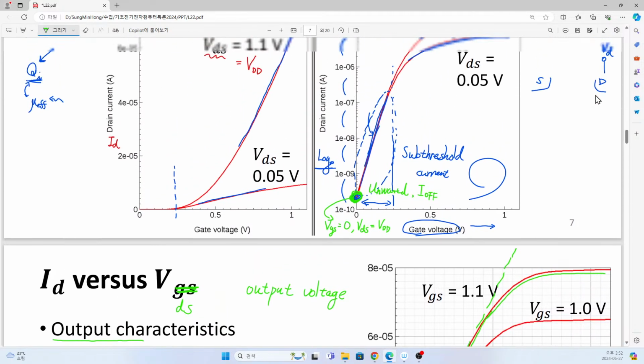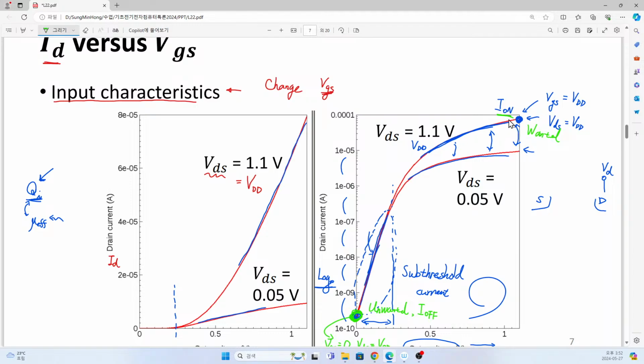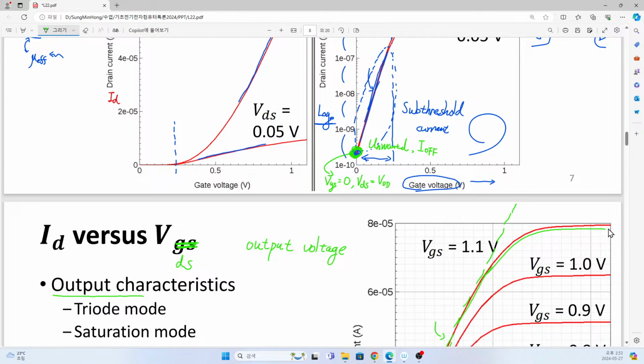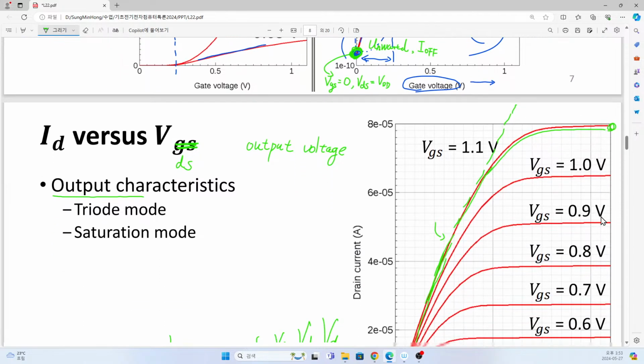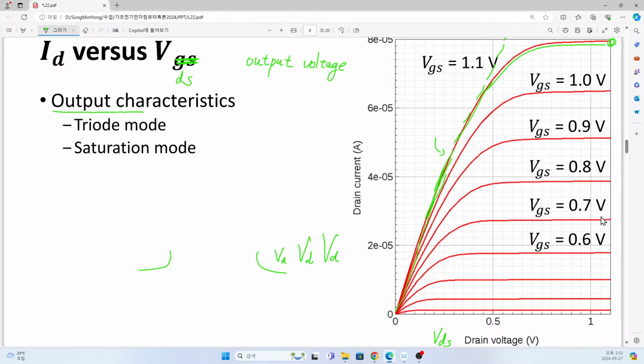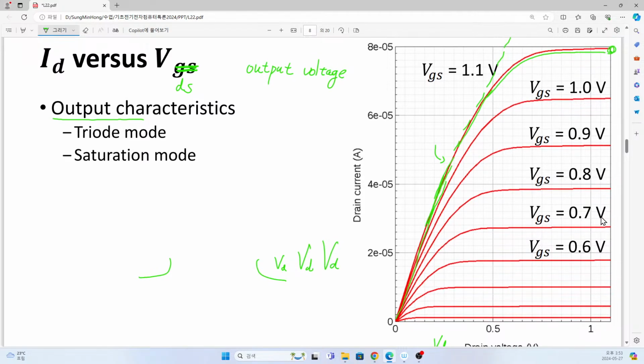So usually our on current is corresponding to this region. So please have a look at this curve. Where can you find this on current? On current means that we apply VDD both to the gate terminal and drain terminal. And for the drain terminal, we apply this one. And for the gate terminal, its topmost curve is corresponding to our VDD case.